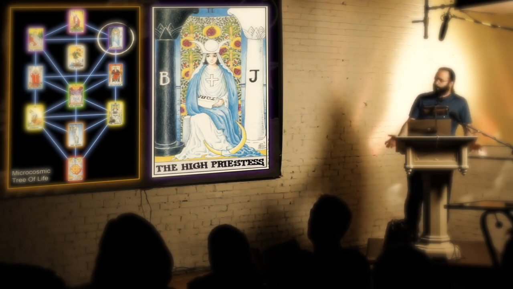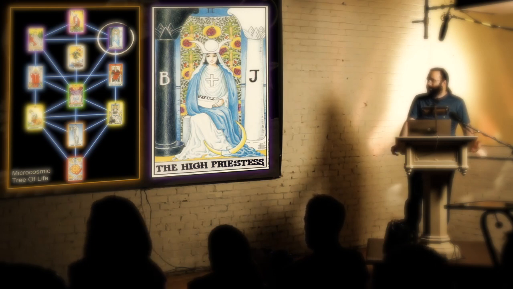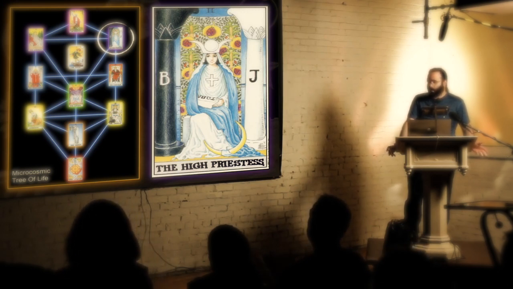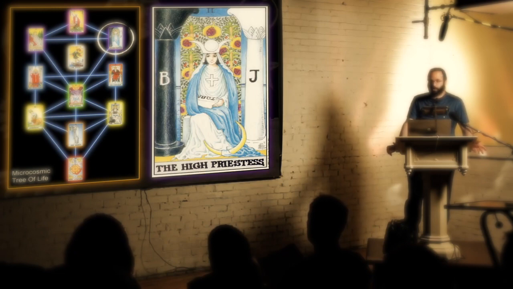So again, Freemasonry, Tarot, Kabbalah, they all have to be studied in conjunction with each other. They are not separate sciences. They're really, again, many paths to the same destination.